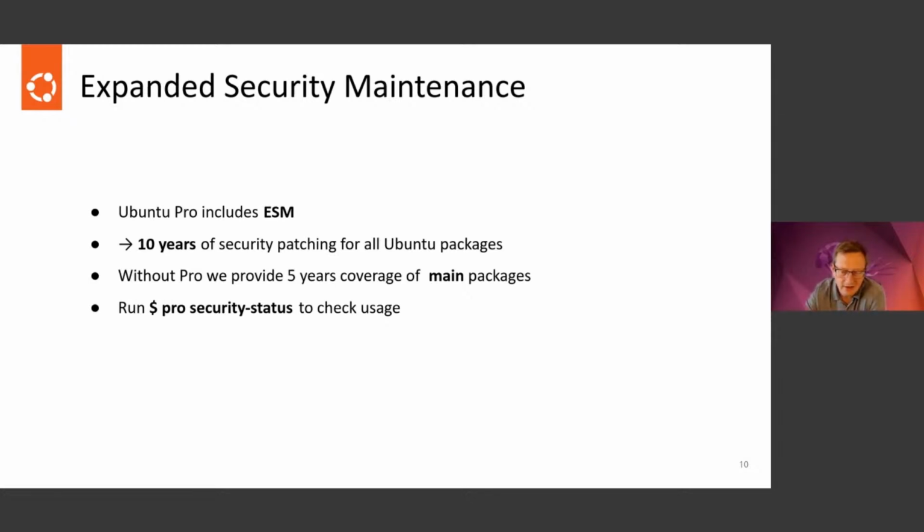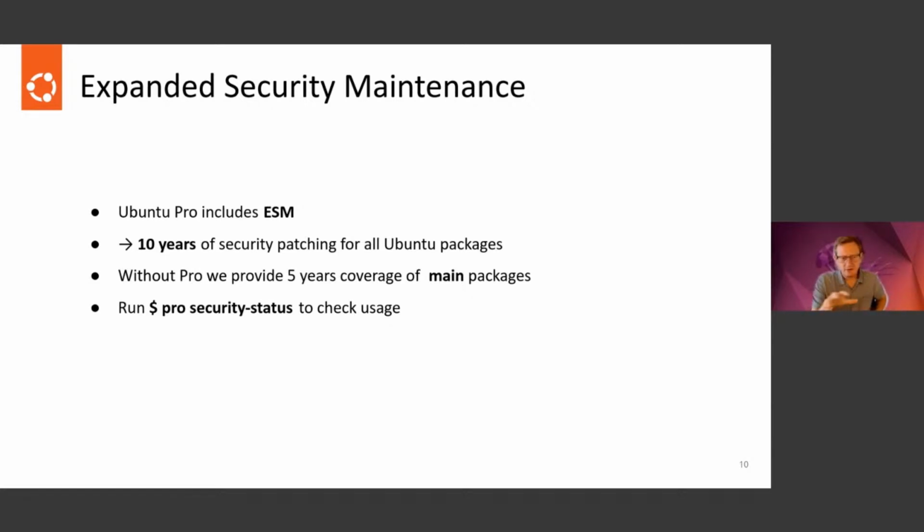But until recently, we haven't been able to provide full security patching on this ecosystem of universe packages. With the introduction of Ubuntu Pro, we've had the capability to provide full security patching, and we've extended this to up to 10 years now on all the packages within Ubuntu. And this is what you get with the ESM available with Pro.